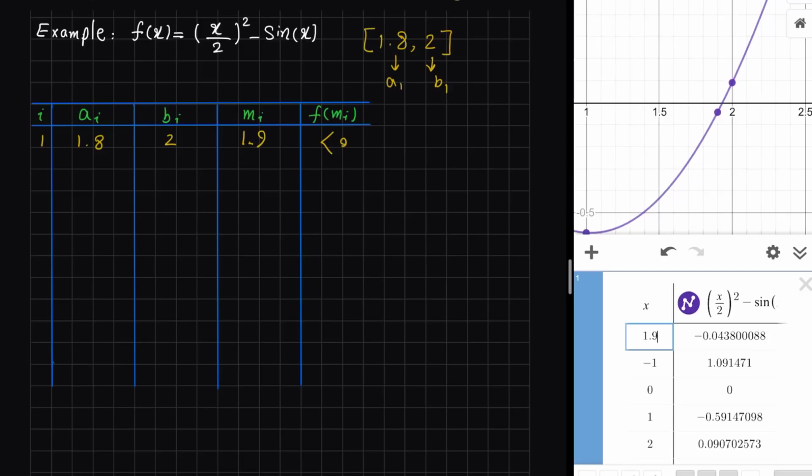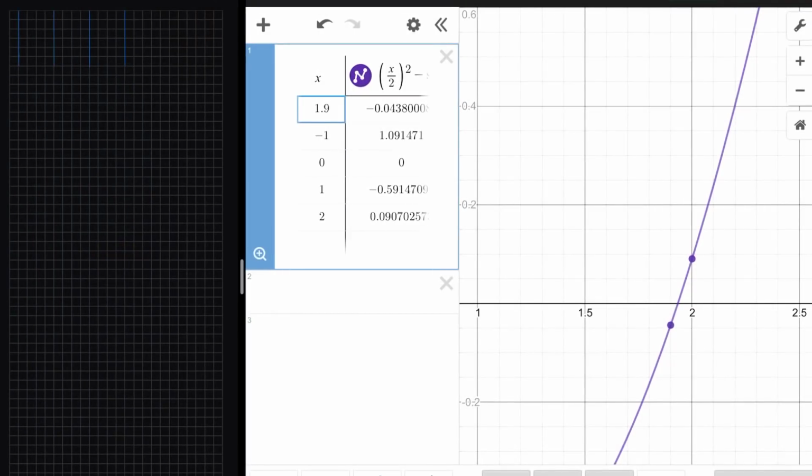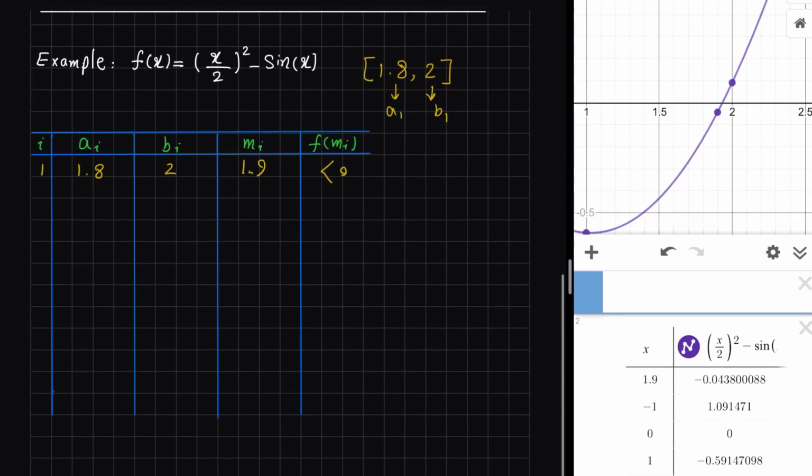And the sign of 1.8 is also negative, as we can see in the graph, and the sign of 2 is positive. So it has the same sign as 1.8.